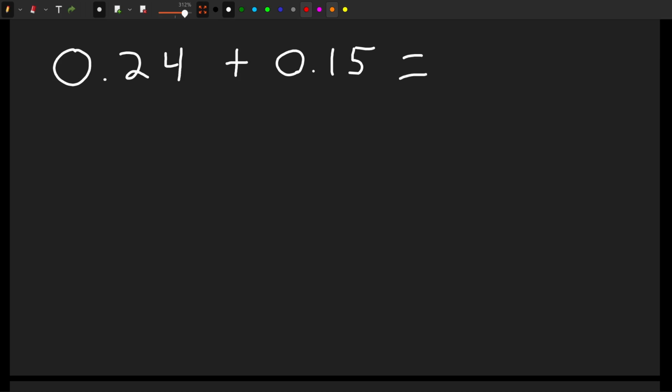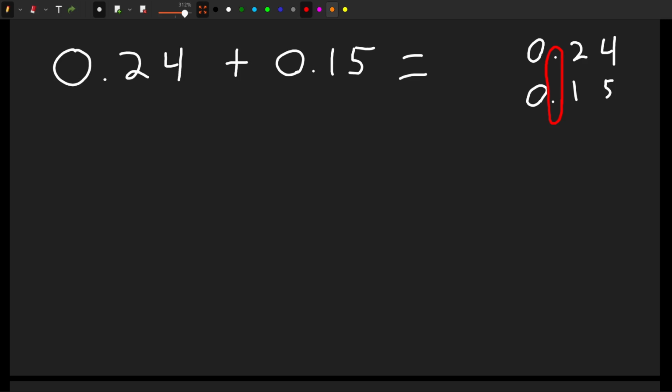We need to write these two numbers, one on top of another, where the decimal point lines up. I want to make sure that these decimals line up, one on top of another.